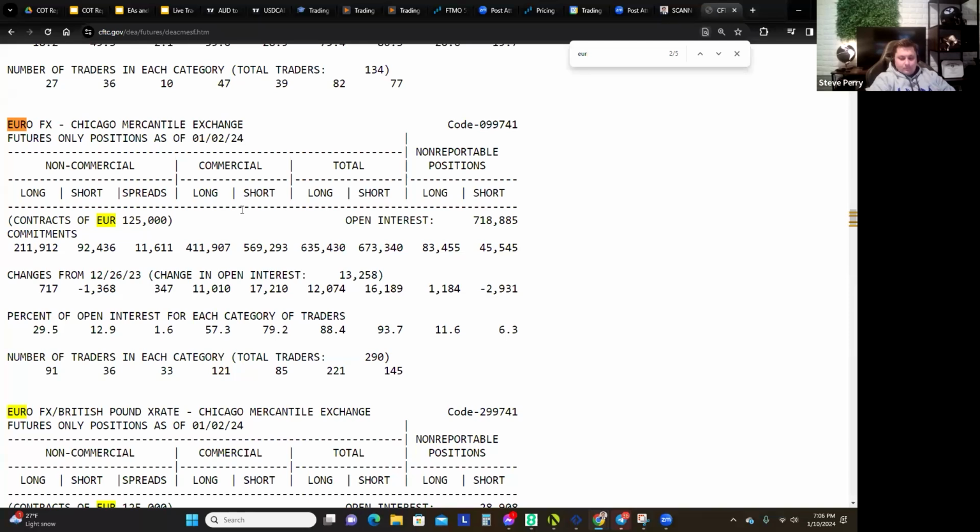Forex trading is a decentralized market. And because Forex trading is decentralized, what that means in terms of the COT report is you're not going to get Forex pair contracts on the COT report, because these are specifically your futures contracts.